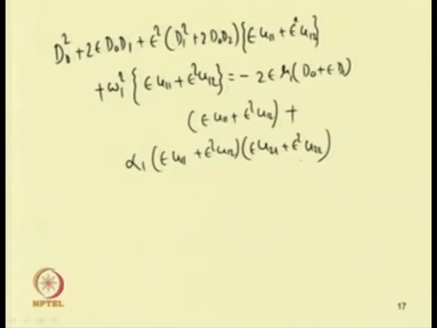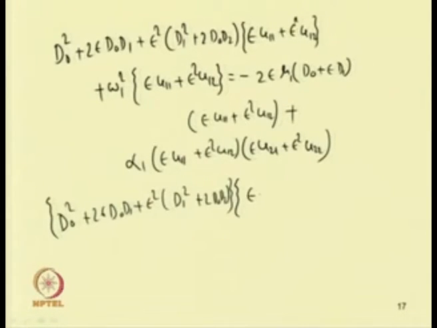Now the second equation one can write as d 0 square plus 2 epsilon d 0 d 1 plus epsilon square (d 1 square plus 2 d 0 d 2), operated on (epsilon u 2 1 plus epsilon square u 2 2), plus omega 2 square into (epsilon u 2 1 plus epsilon square u 2 2).